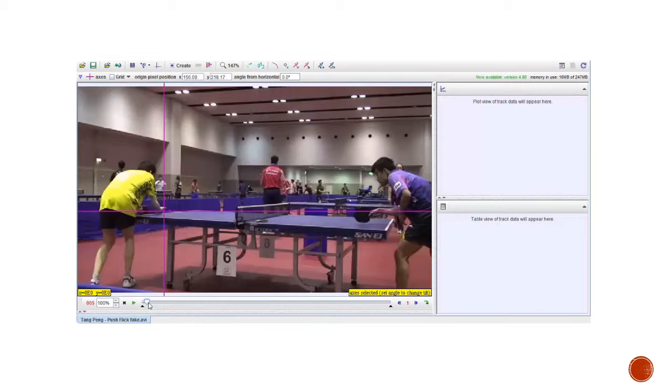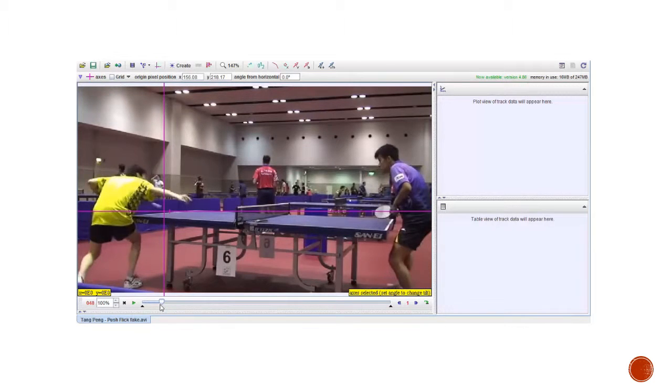So now, we will first track the video of two table tennis players and gather the results as well as observe the trajectory of the ball.